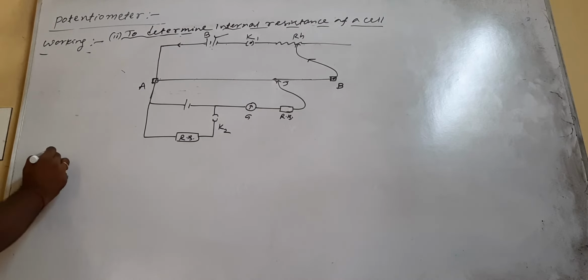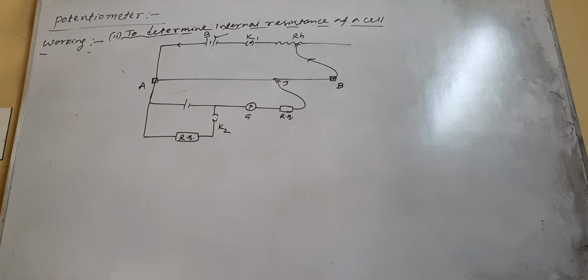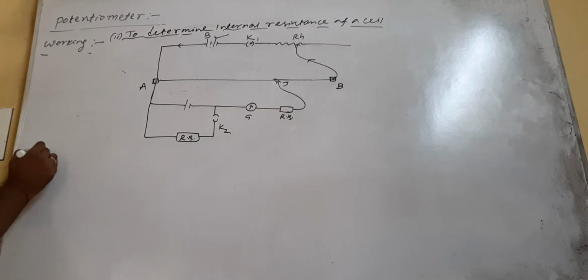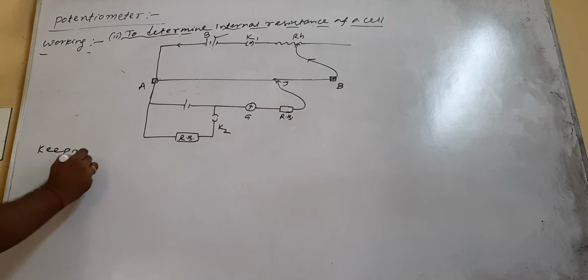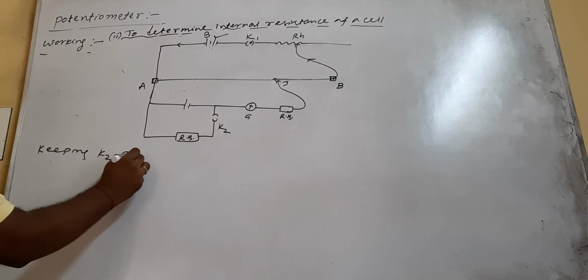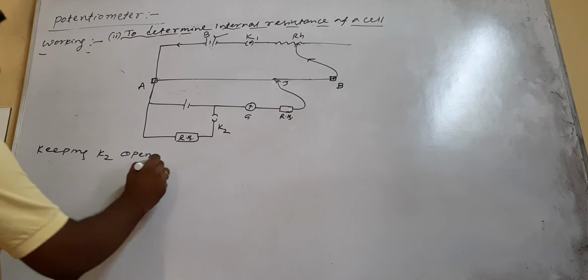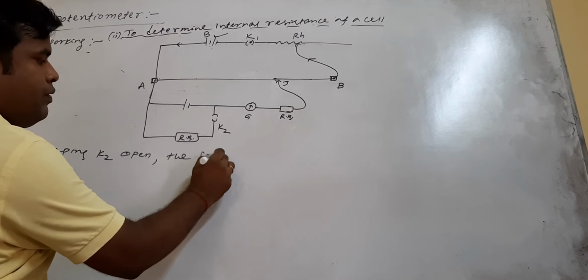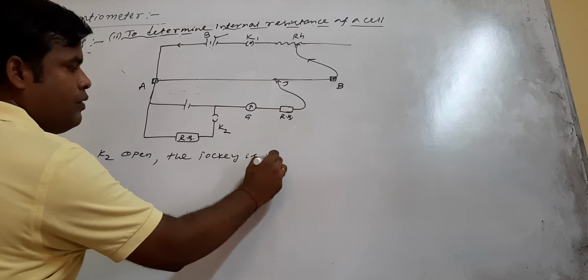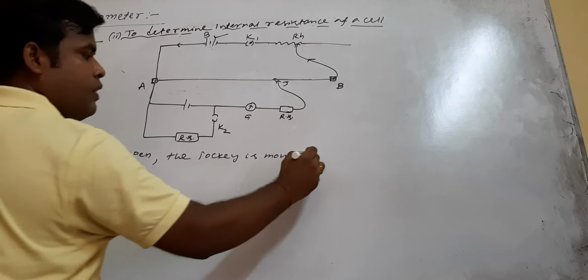First, keeping K2 open, the jockey is moved till the null point is obtained.